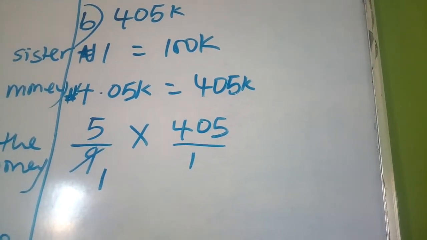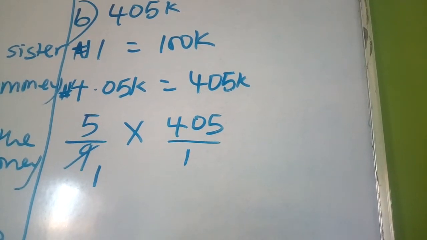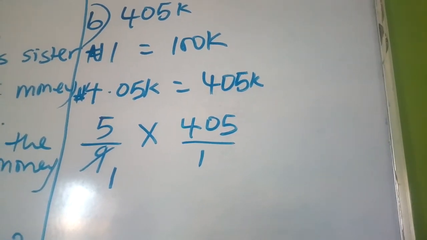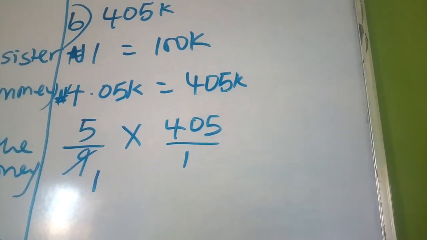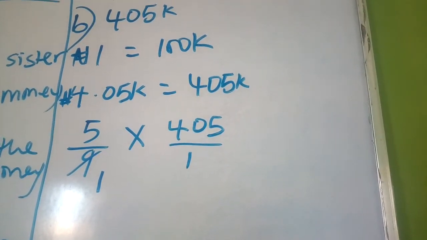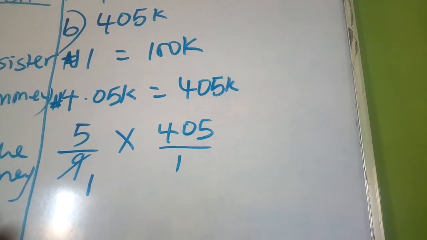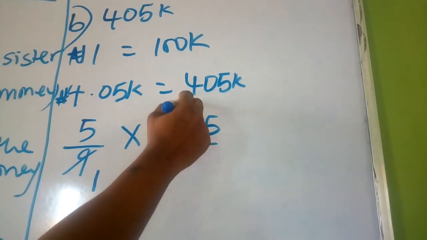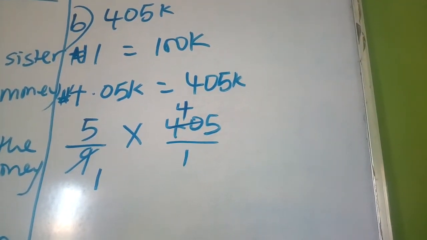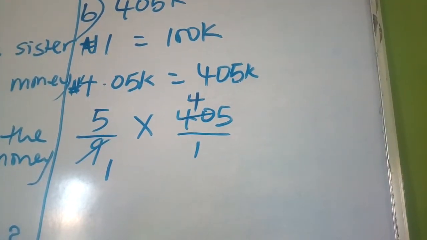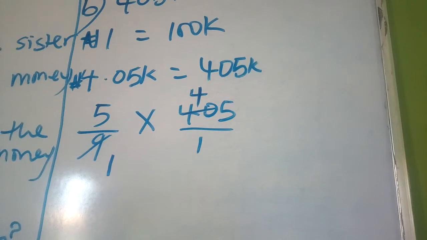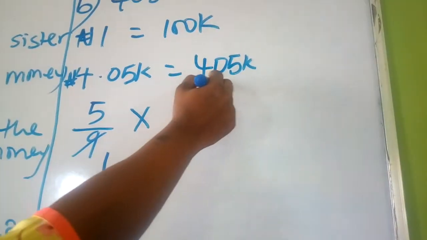Now how many times will 9 go into 40? Yes, but there will be a remainder. 9 into 40 is 4 times, remainder 4. Now bring the 4 here. This becomes 45. 9 into 45 will give us 5.